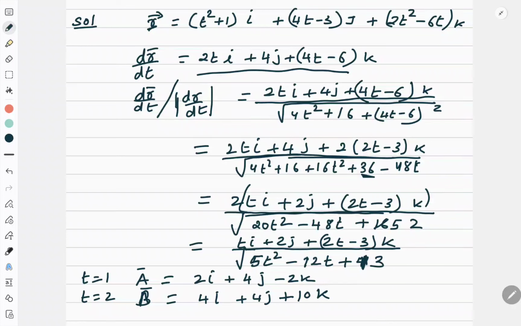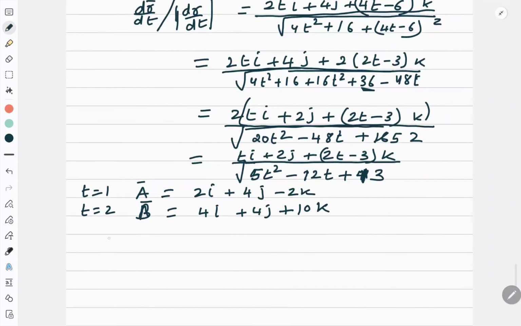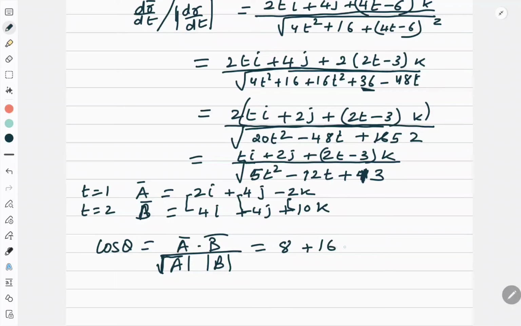Correct? Now, how to get the angle between the two terms? So the angle between two vectors is cos theta is equal to a dot b upon magnitude of a and magnitude of b. So here when you do the dot product, we all know dot product means multiplication of this 2 and this 2. So 4 2s are 8 plus 16 minus 20 upon under root 4 plus 16 plus 4 and 16 plus 16 plus 100.